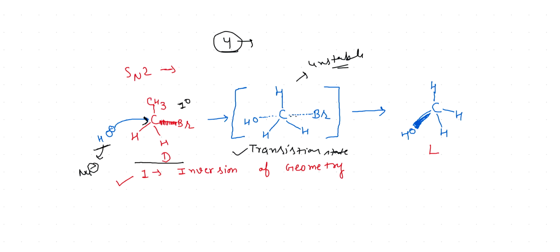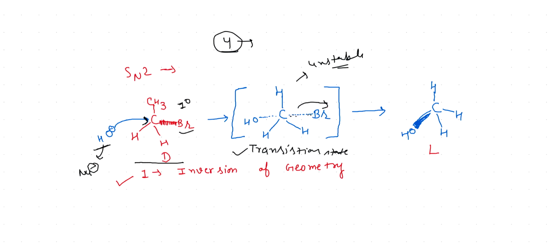Bromine is expelled and OH negative is coming. So one bond will be broken and one new bond will be formed. The new bond formed will be with the OH group and the bond with bromine will be broken.